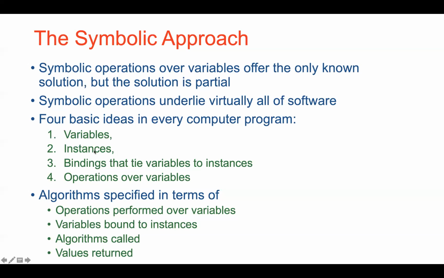These are all concepts that already exist in coding. Algorithms are specified in terms of operations performed over variables, variables bound to instances. Algorithms are called and values are returned. So the symbolic approach has these things. So we're saying, hey, we know all that stuff. Maybe we should just bring it back together with the deep learning approach.